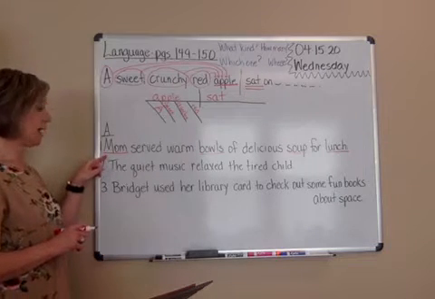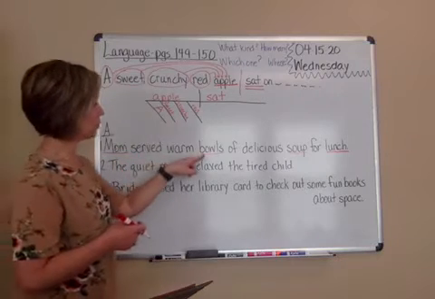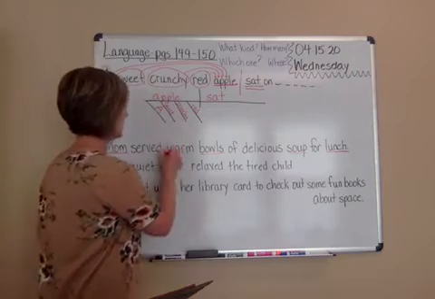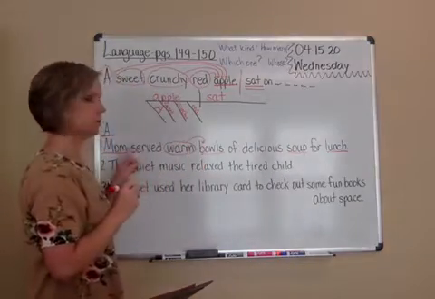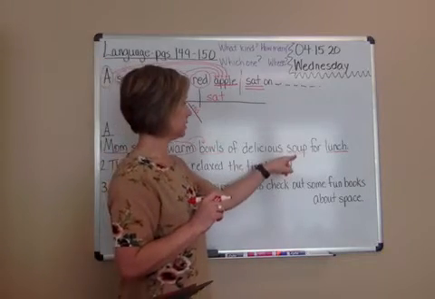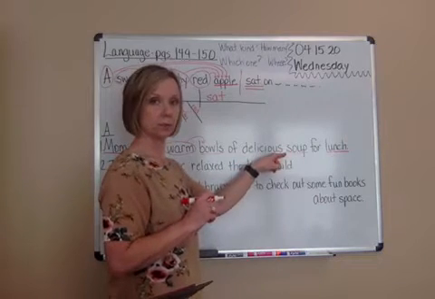So mom won't have an adjective because it's the first word of the sentence. So let's go to bowls. Does warm describe bowls? Yes. Circle it, match it. Served, no, that's a verb, so we can move on. Let's go to soup. Let's back up. Does delicious describe soup?